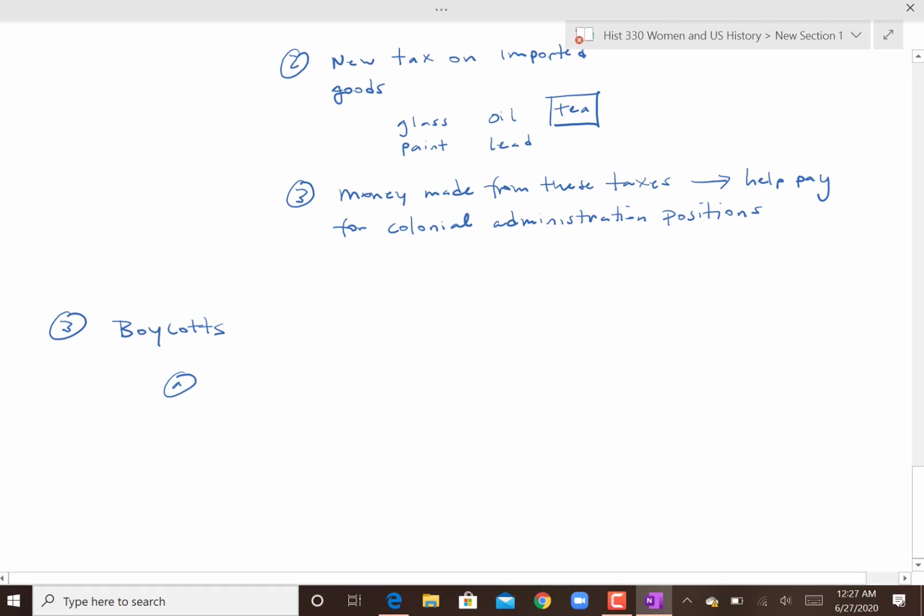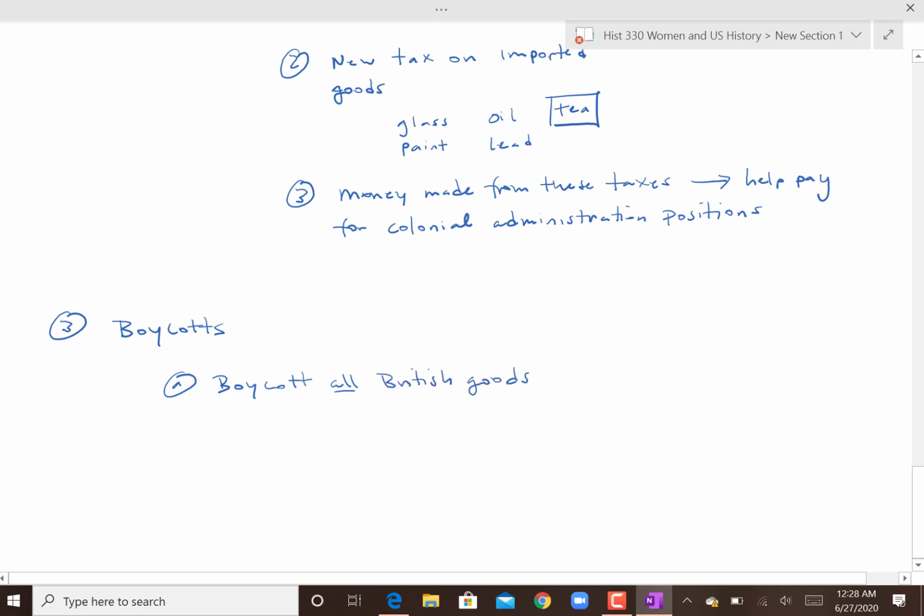After the Townshend Act, women in the colonies, especially in the northern colonies, the southern colonies we'll talk about in a minute were a little bit different, but the northern colonies were super involved after this point. So they decided, like, okay, fine, they want to keep doing these taxes, we're going to boycott all British goods. So that was the decision to boycott all British goods.